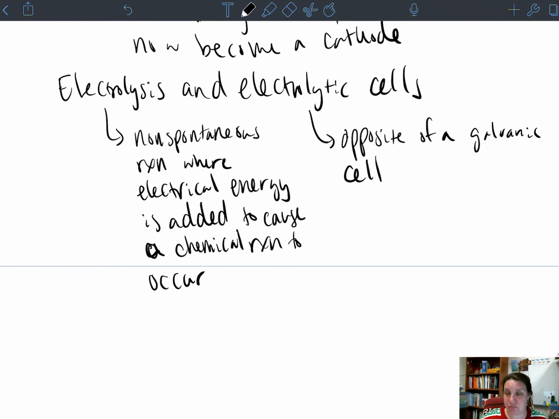So you're going to add in energy, and from there you can determine how many moles of electrons you are producing, and using those moles of electrons you can determine how many moles of the substance is oxidized or reduced.